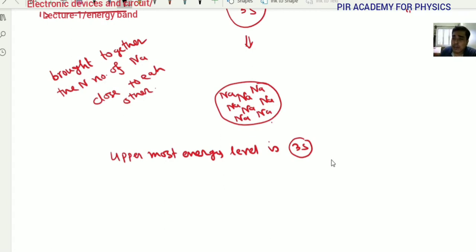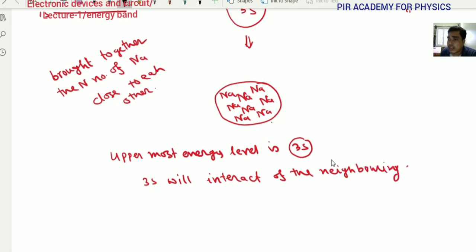So the uppermost energy level 3s will interact with the neighboring 3s energy level of another atom.